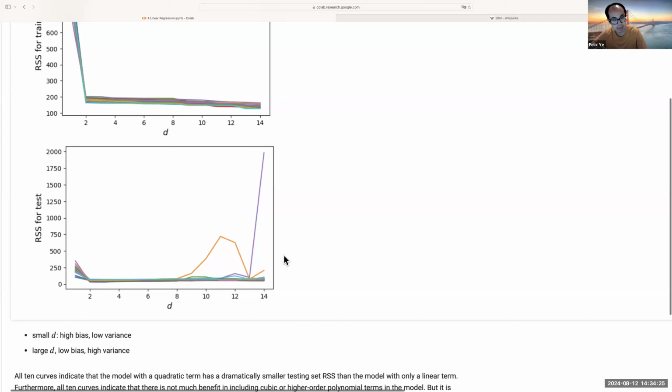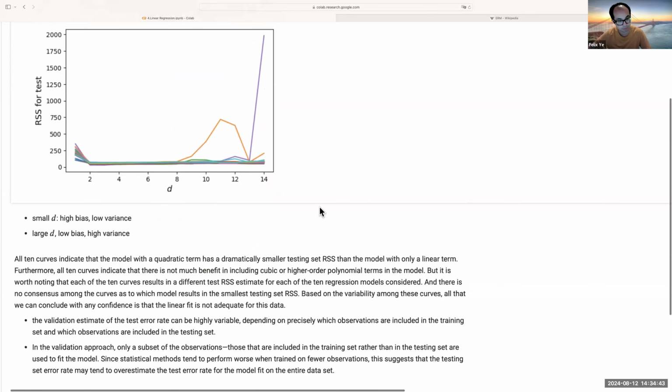But the problem is it has a huge variance. The variance of this error changes so dramatically, ranging from close to 0 to nearly 2000 when d is really large.